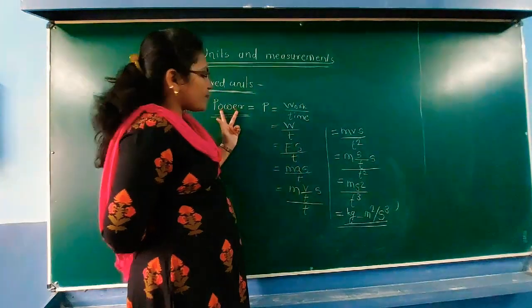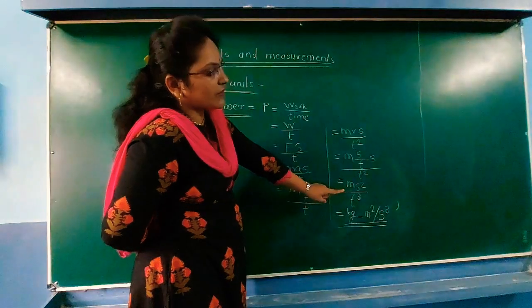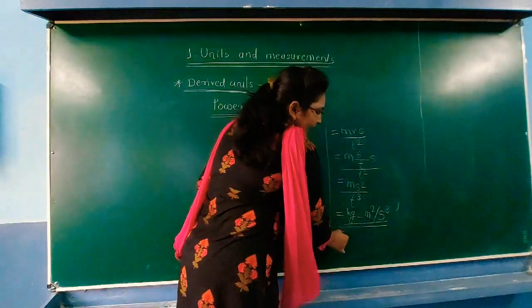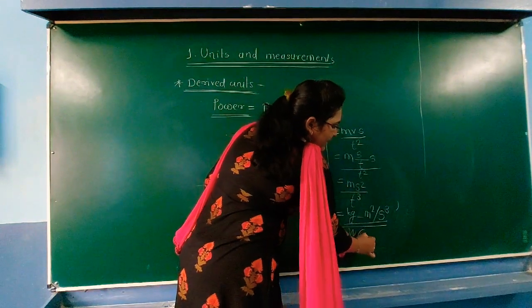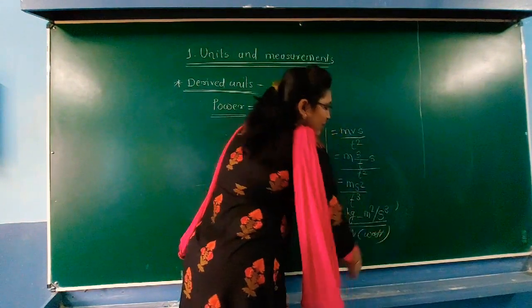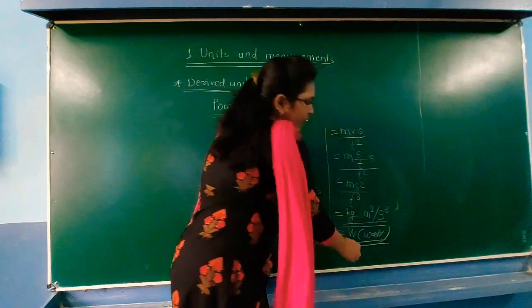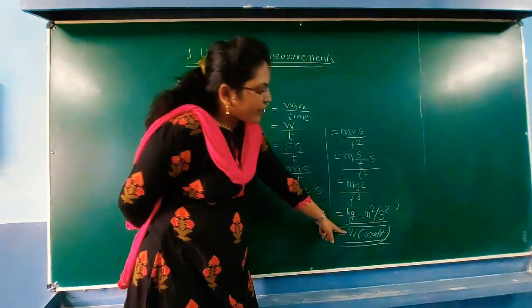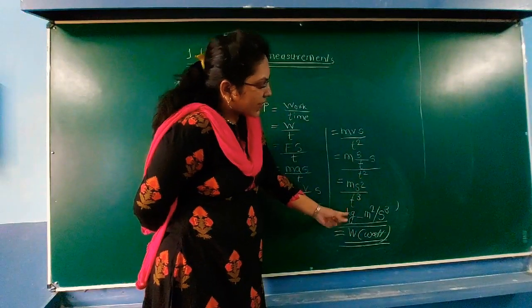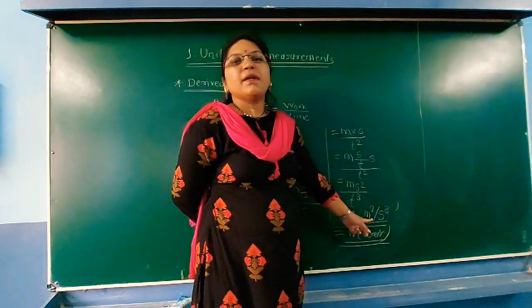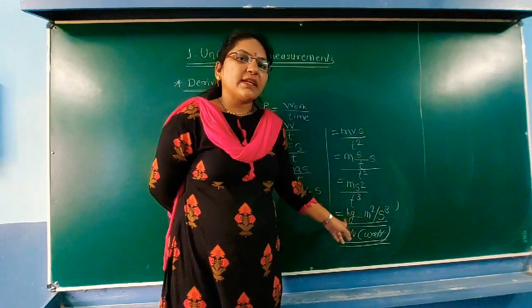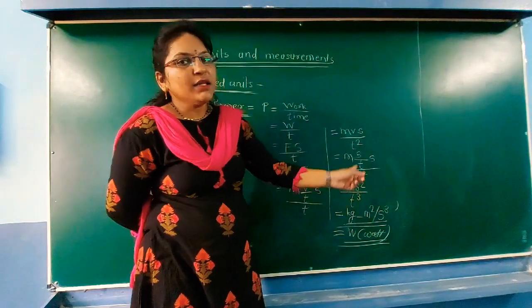What is the SI unit of power? Kg into meter square per second cube. And we know that power is measured in the SI unit watt, and the symbol is W. So watt is equal to kg into meter square per second cube.